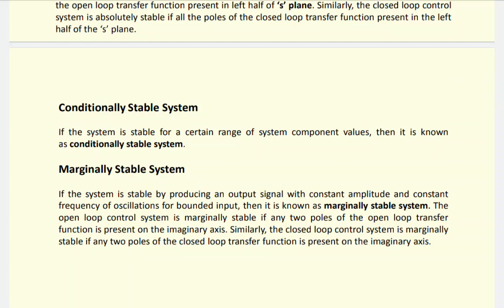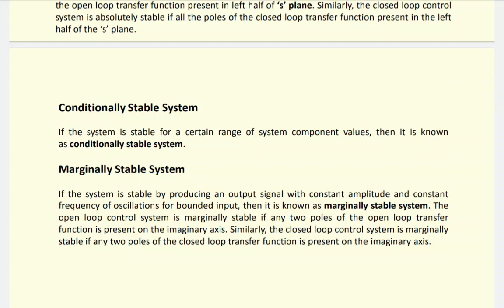That is why it is known as conditionally stable. That means if I provide a gain parameter k, it is valid only for a range of values of k, because under certain limits of k the system will become stable, else it will become unstable. So that is known as the conditionally stable system.